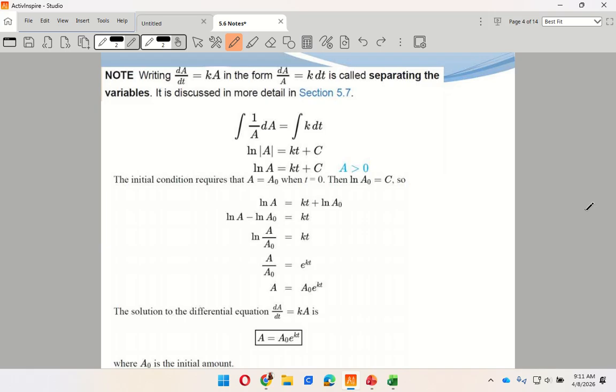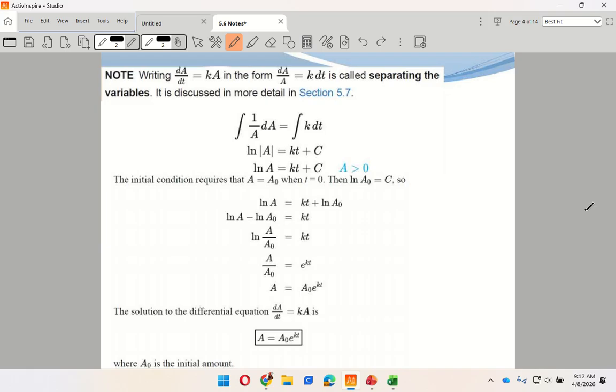We separate the variables, which we put all the dt over here and all the A over here. So dA over A, so that means I'm going to have 1 over A dA on the left side. And on the right side, it was k dt. And to undo that derivative, after we separate this, we have the A's on the left and the t's on the right.